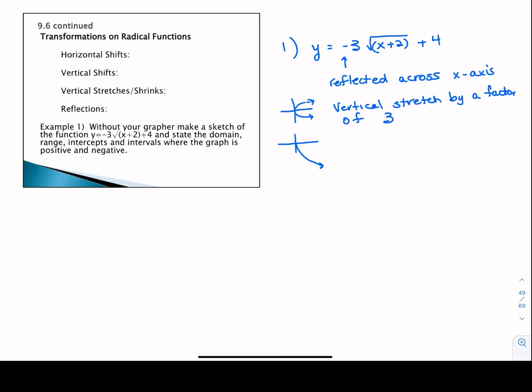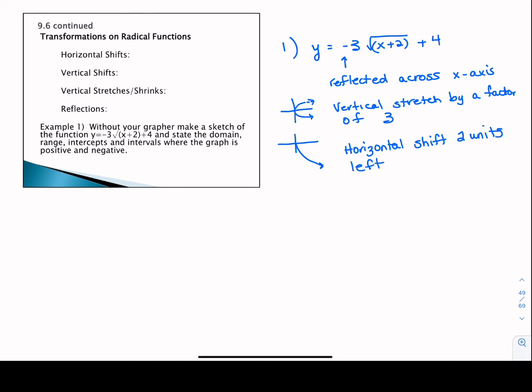The next change we want to make note of is that +2. That +2 is a horizontal change, so there's been a horizontal shift in this case. And that shift is happening 2 units to the left because we know it's backwards logically.